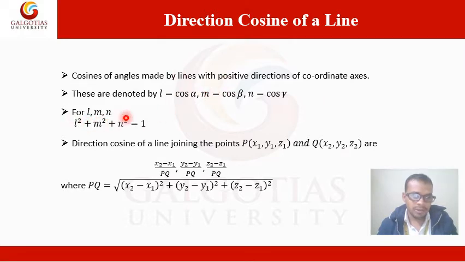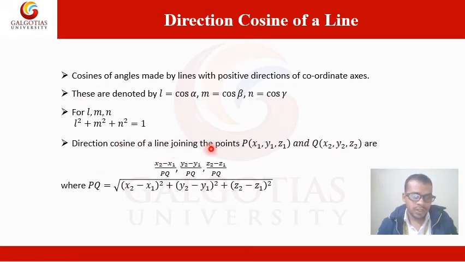For L, M and N, L square plus M square plus N square is equal to 1. That means the sum of the squares of the direction cosines is equal to 1.